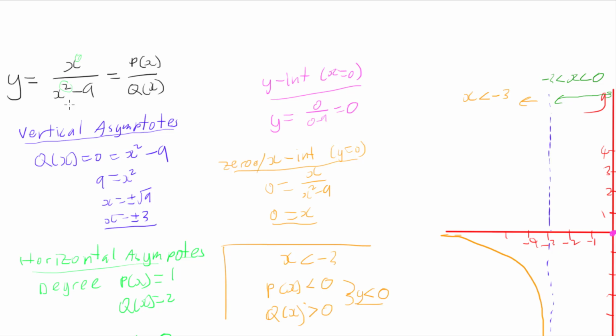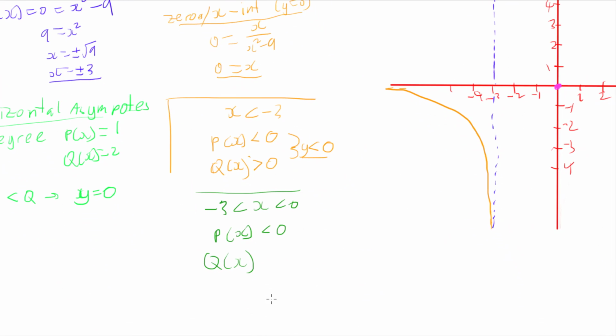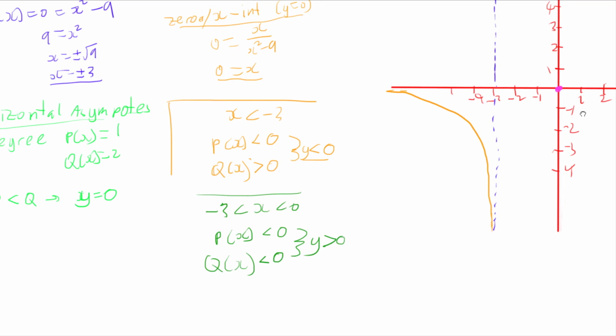I'm not allowed to use 0, but if I had 0, it would be 0, and if I had -3, it would be 9. So any numbers between 0 and 9 for my x squared, minusing off the 9 gives us numbers between 0 and -9, so it means it's going to be negative. Which means that overall, because I've got negative divided by negative, my graph is going to be positive.